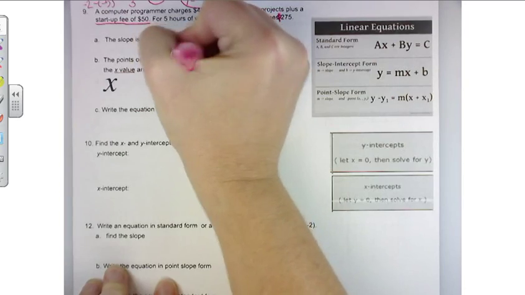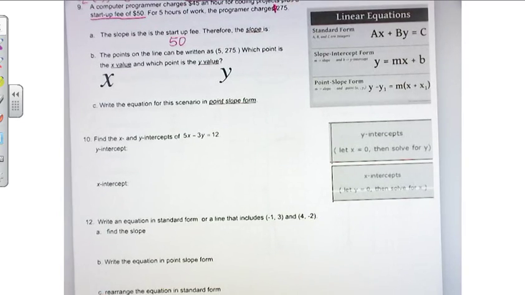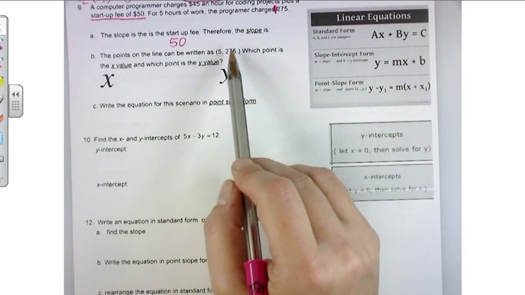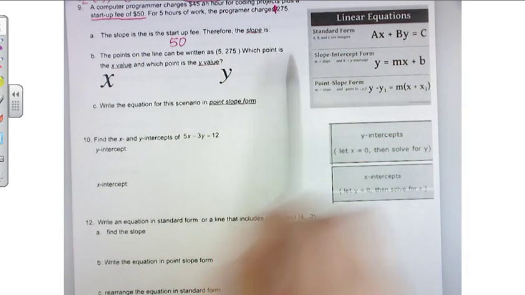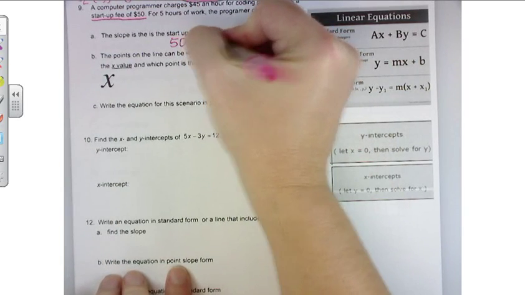It says right in the problem, no fancy formula work needed. It tells us right in the problem. And then it says the points on the line can be written as (5, 275). Which number is the x value and which is the y value? X is always first, y is always second.